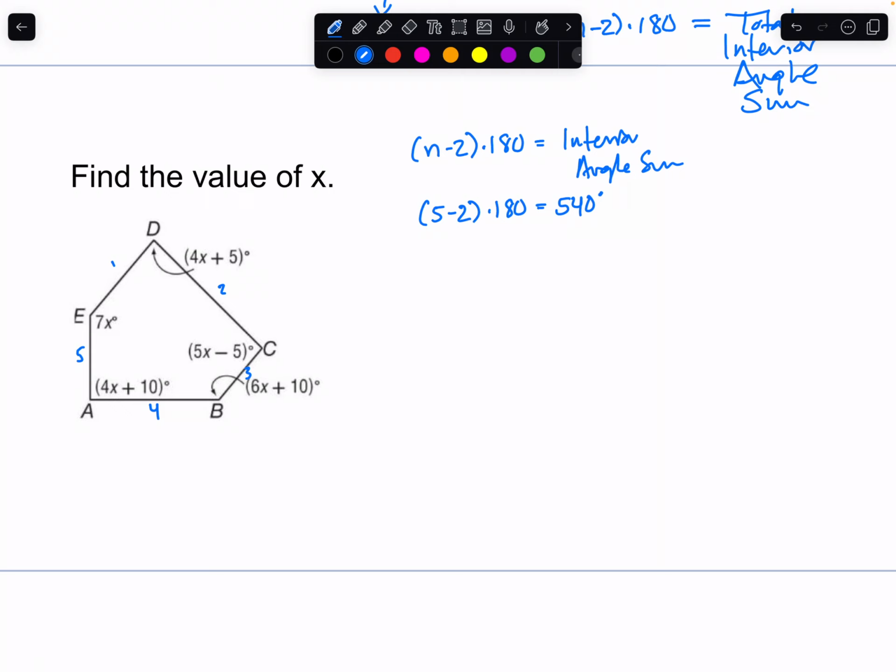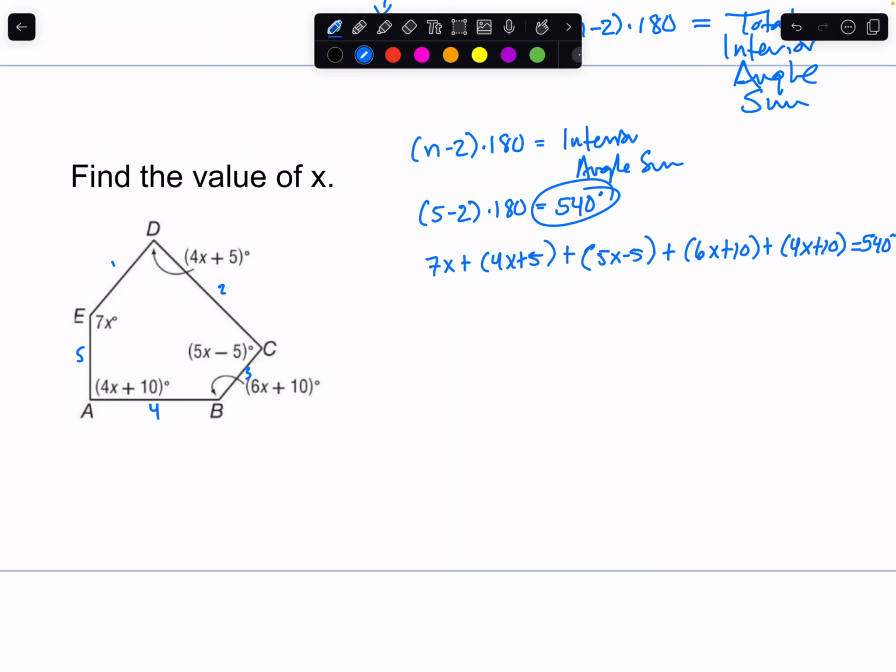So, to create an equation, I know that the total has to add up to 540. So I take each angle. I take 7x plus 4x plus 5 plus 5x minus 5 plus 6x plus 10 plus 4x plus 10. All of these angles have to add up to 540 degrees.